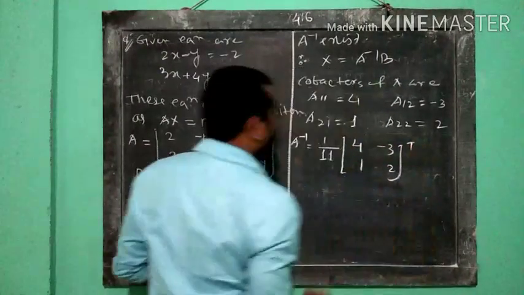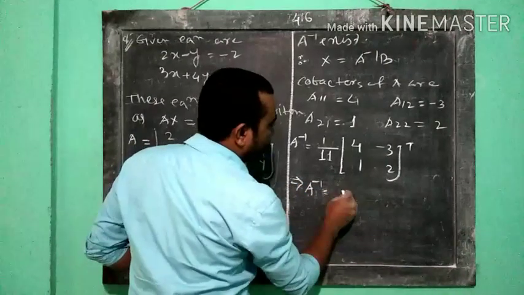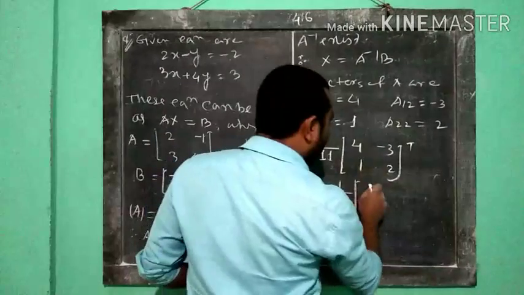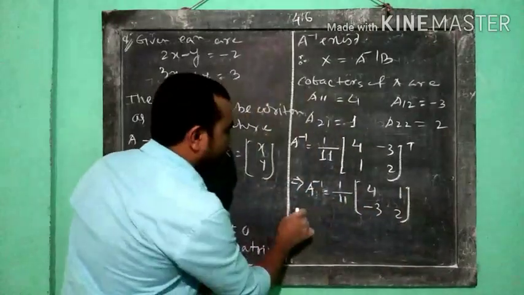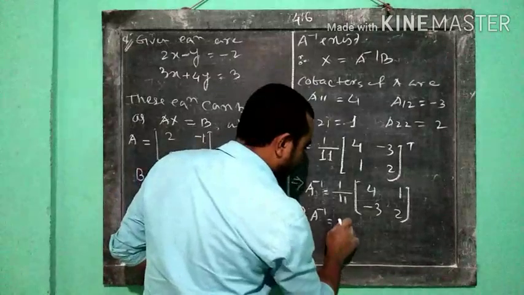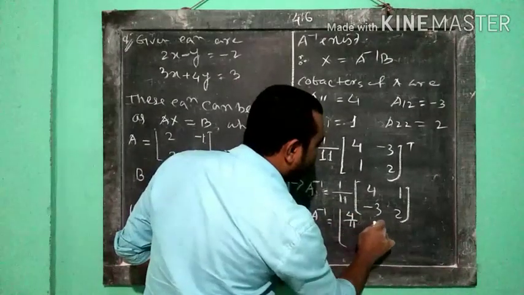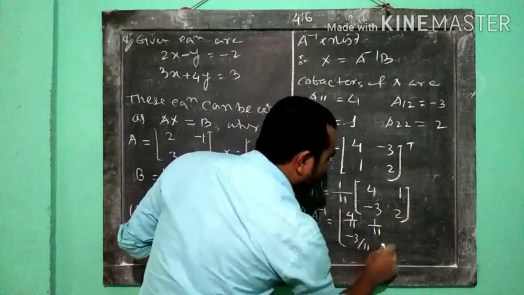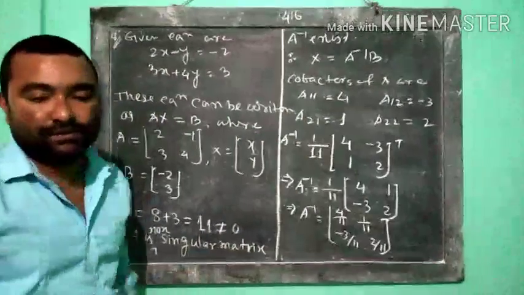So that implies A inverse equal to 1 by 11 into 4, minus 3, 1 and 2. This can be written as A inverse equal to 4 by 11, 1 by 11, minus 3 by 11, and 2 by 11. Okay, this is the A inverse.